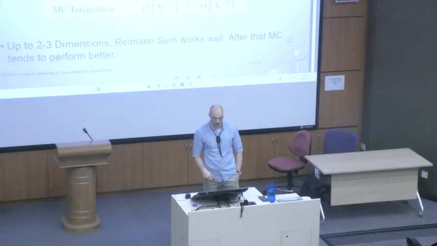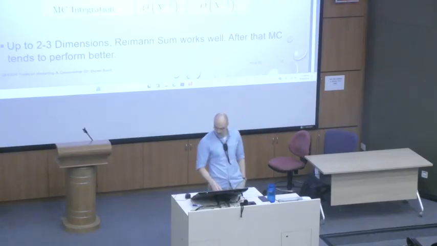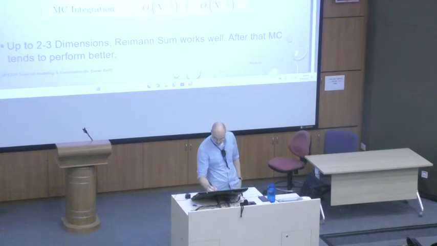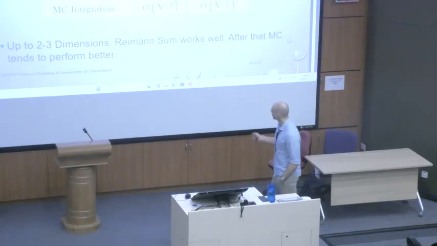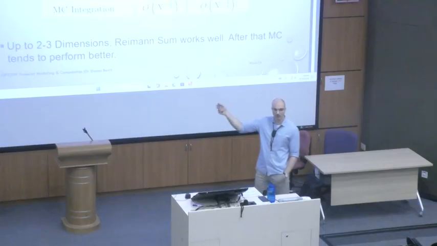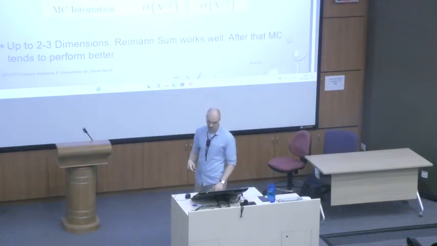Okay, so this is the summary. If you have a closed form, then there's no error. In low dimension, you can of course prefer the grid method if your function is smooth or has a bounded derivative. But otherwise, the Monte Carlo method is the way to go.